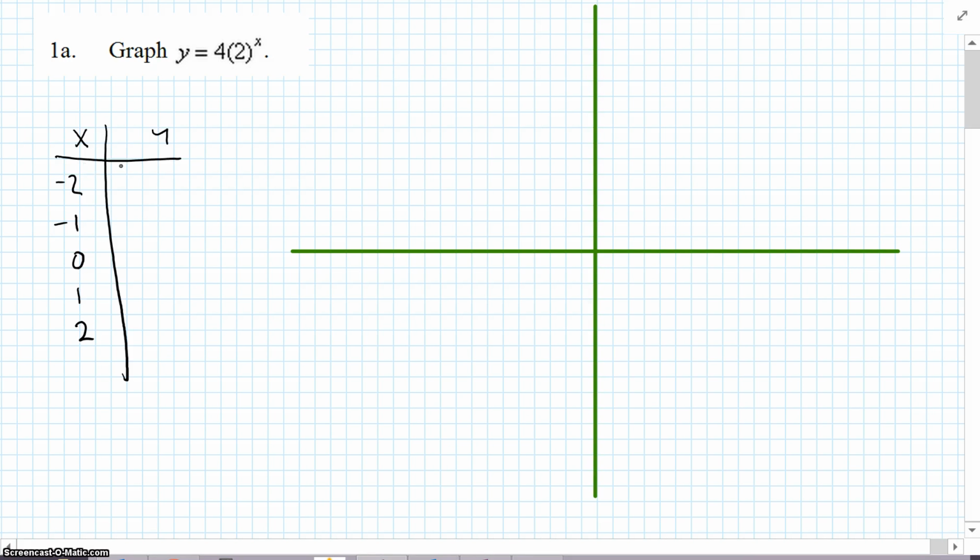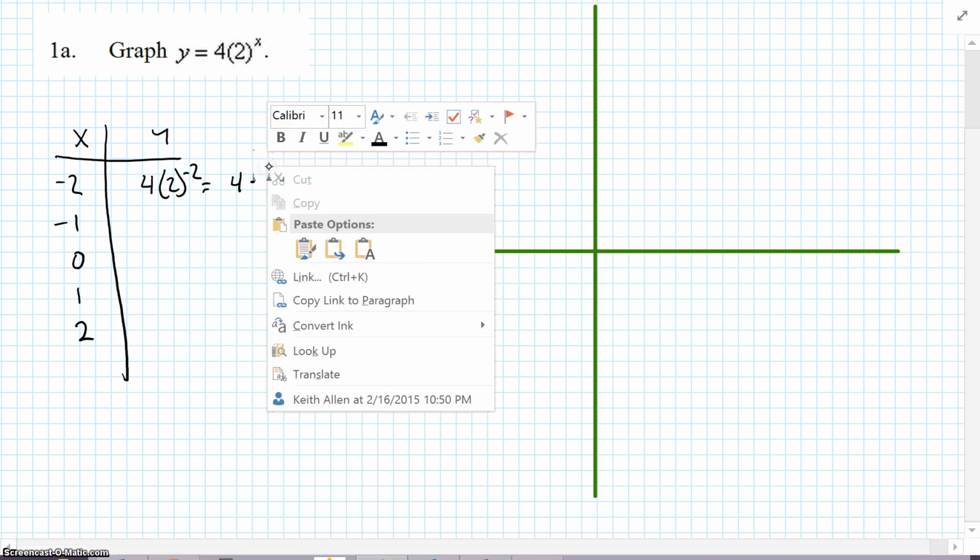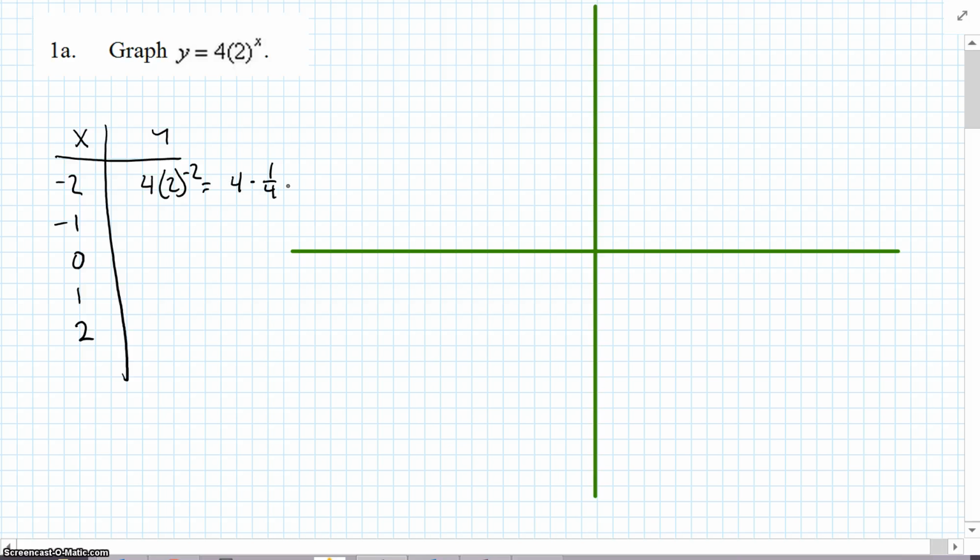When x equals -2, y equals 4 times 2 to the -2, which is 4 times 1/4, which is 1. When x equals -1, it's 4 times 2 to the -1, which is 4 times 1/2, which would be 2.